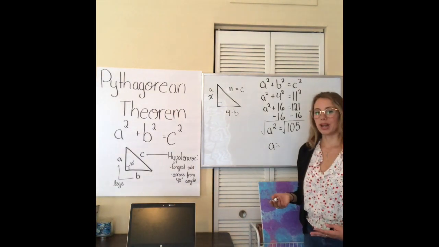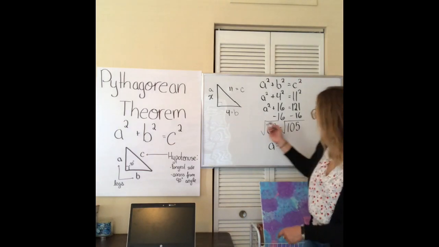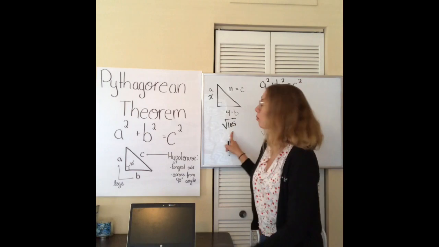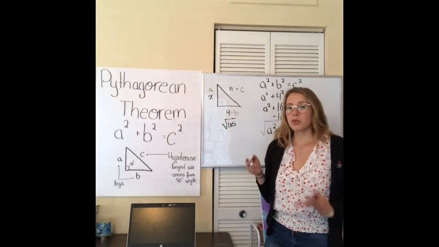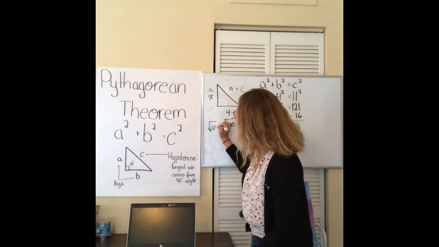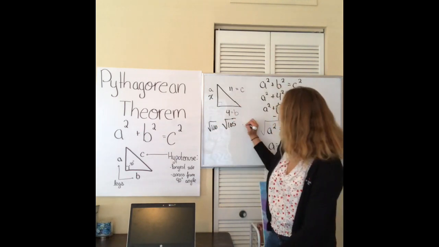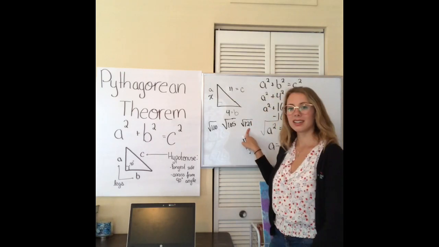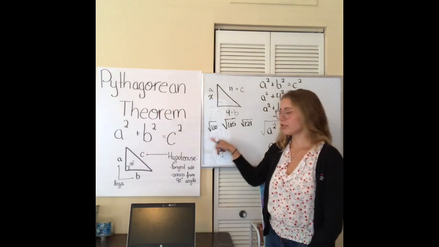So we need to do some rational approximation. I know that 105 is in between two perfect squares. We have 100 on this side, and we have 121 on this side. The square root of 100 is 10.